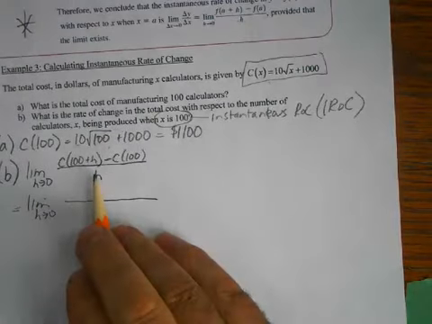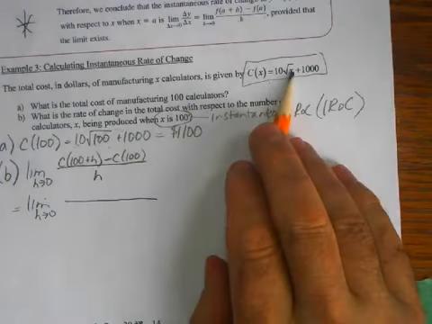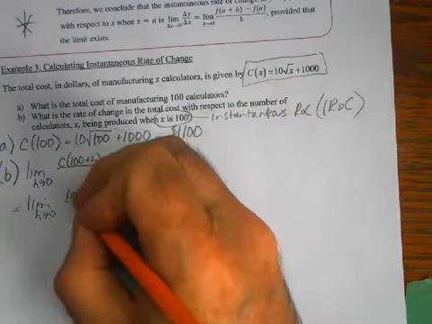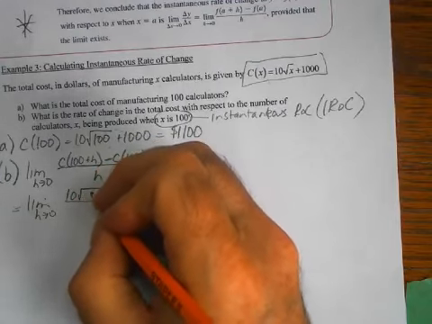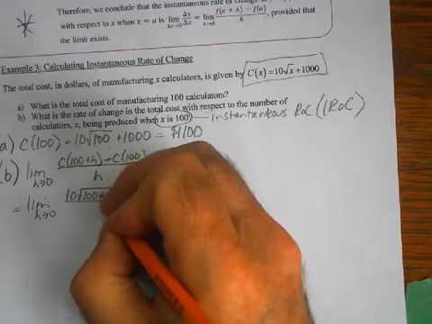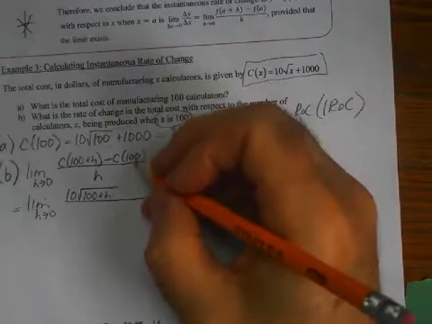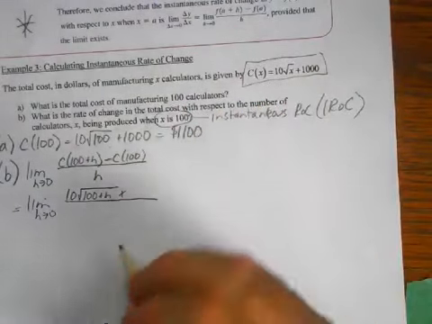So all we really have to do here is plug in, wherever we see an X, 100 plus H. So that's going to be 10 root 100 plus H, and that's going to be plus 1,000.